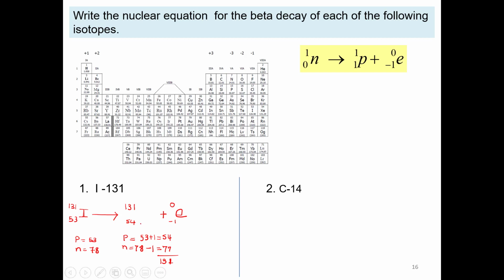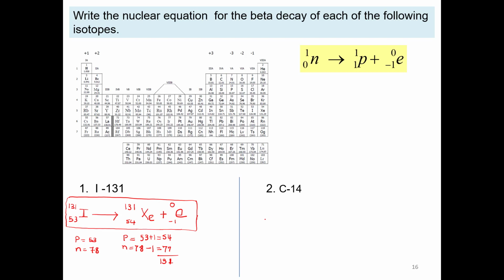Then to know what the isotope in the products is, we just use the periodic table, and we know it is xenon. Then this is the nuclear equation in this case.